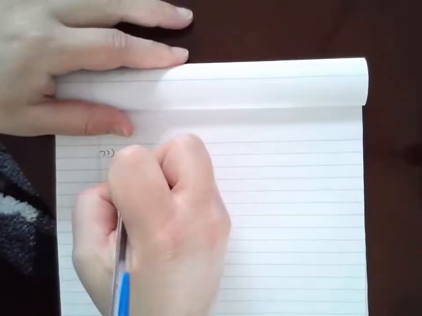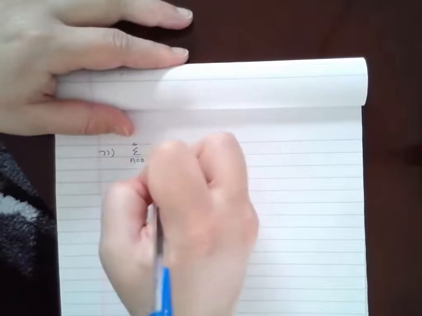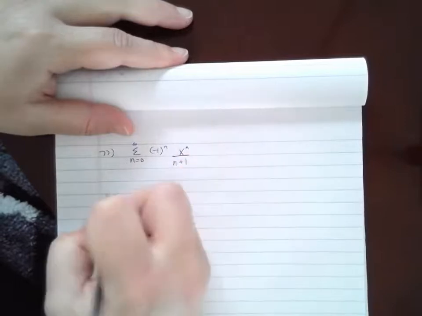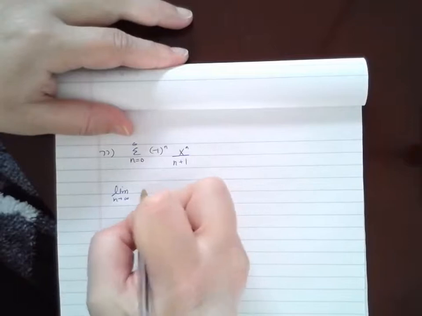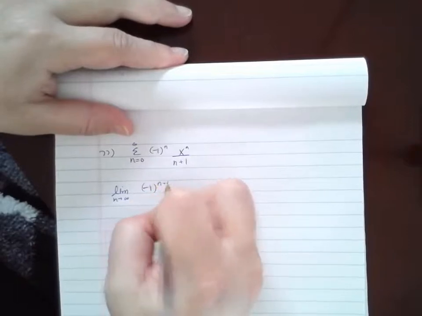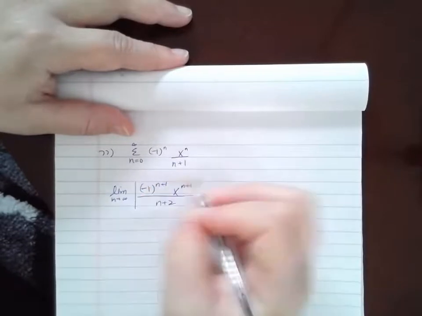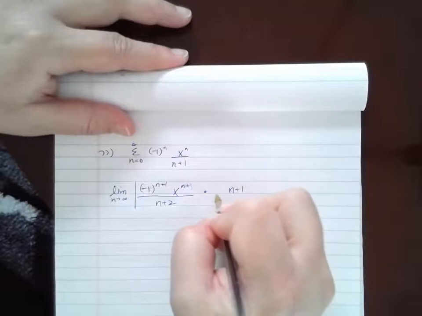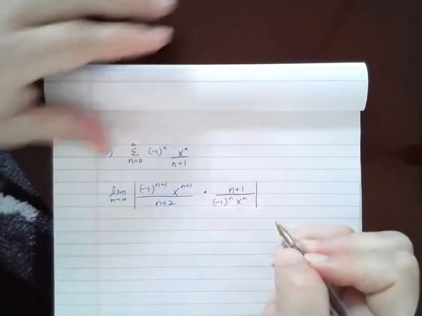77 is definitely not a geometric series, so I would have to go about this with the ratio test. Take the limit as n approaches infinity of (-1)^(n+1) x^(n+1) over n plus 2, times n plus 1 over (-1)^n x^n.